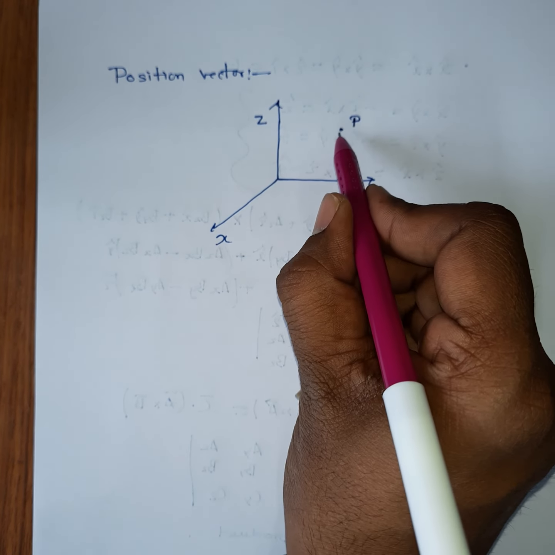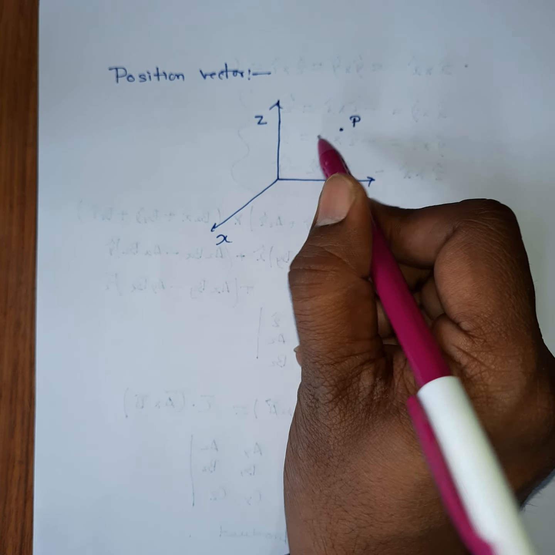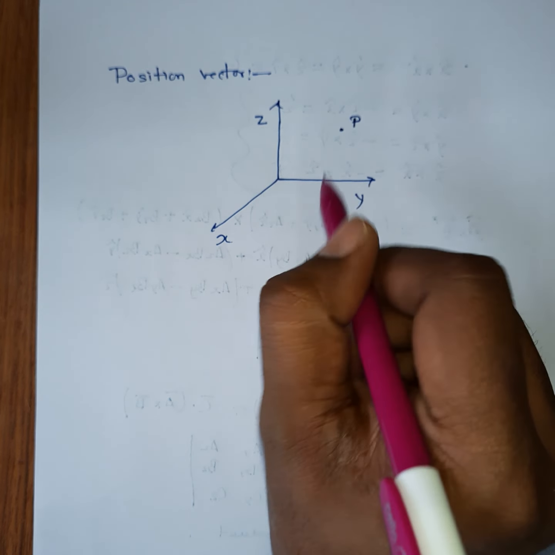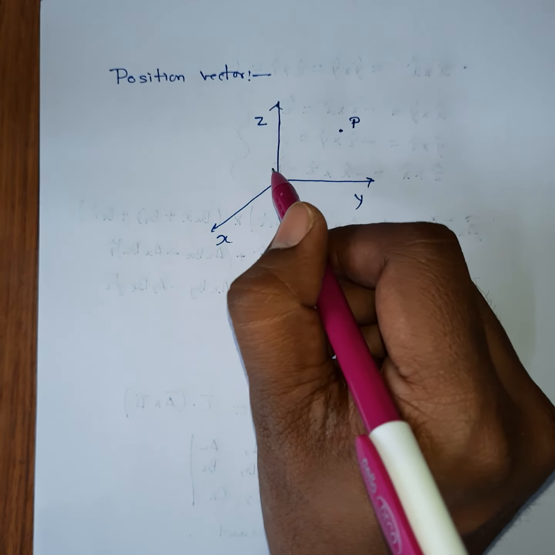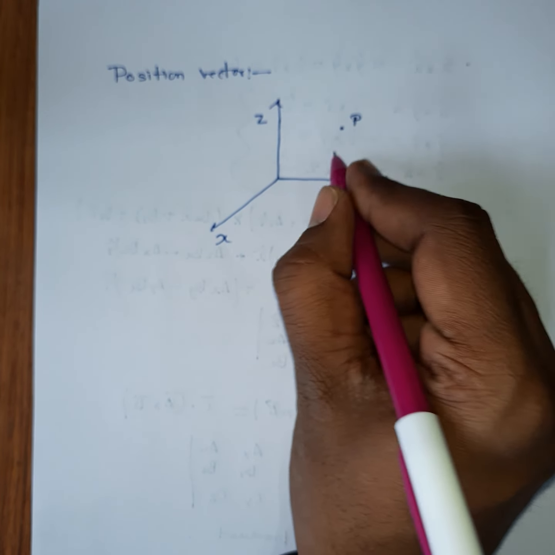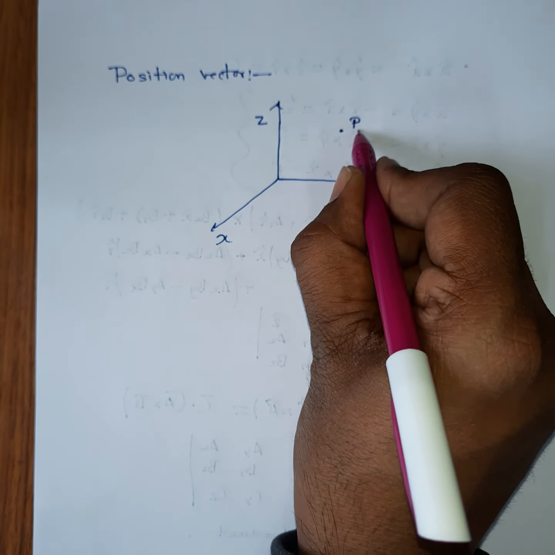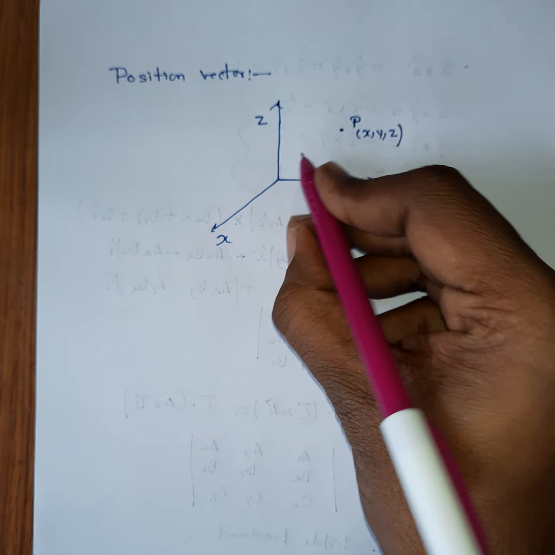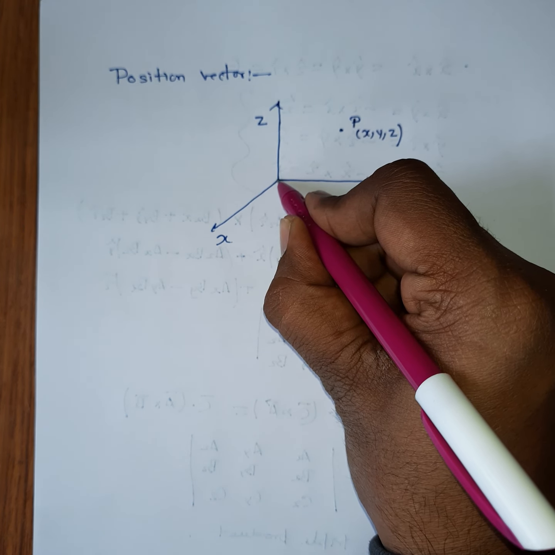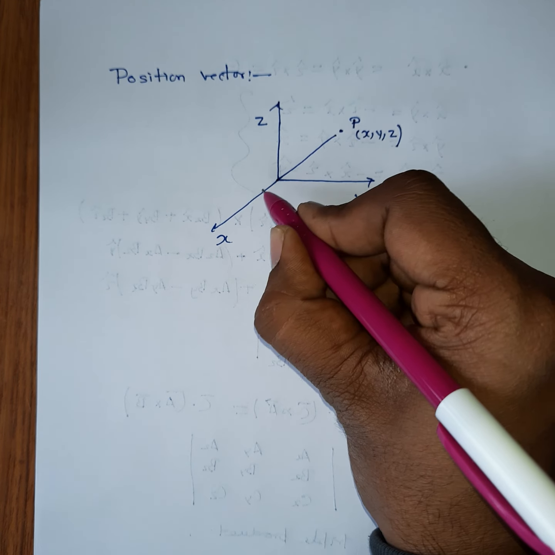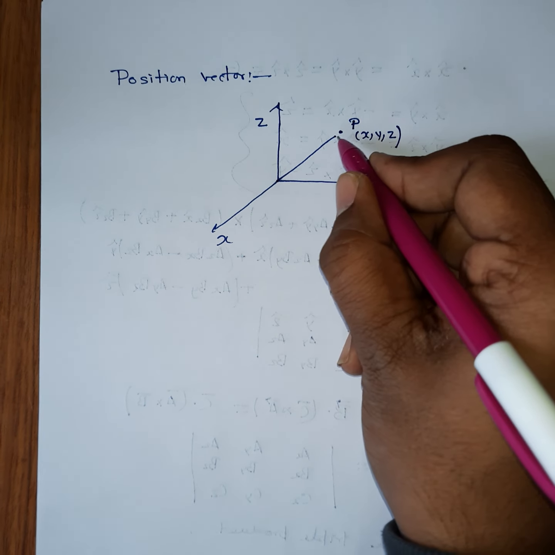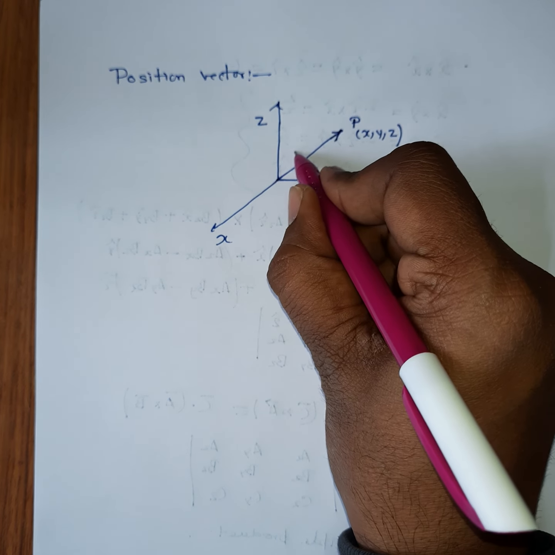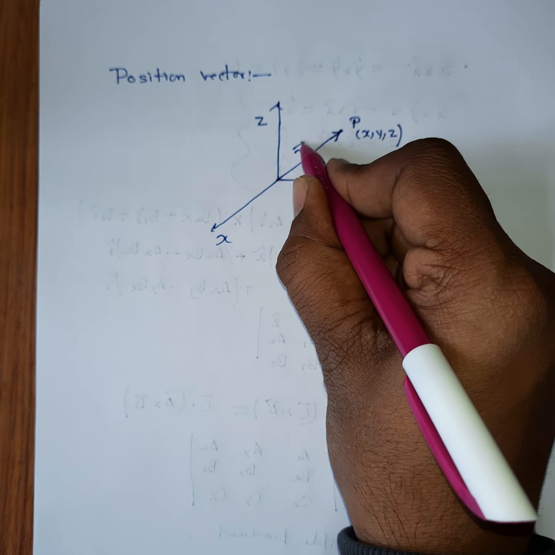Suppose there is some point P in space. The location of this point in 3 dimensions can be described by listing its Cartesian coordinates x, y, z. So this is its location according to the Cartesian coordinates. Its position vector is the vector drawn from the origin to this point P. So this is the position vector and it can be denoted as r vector.